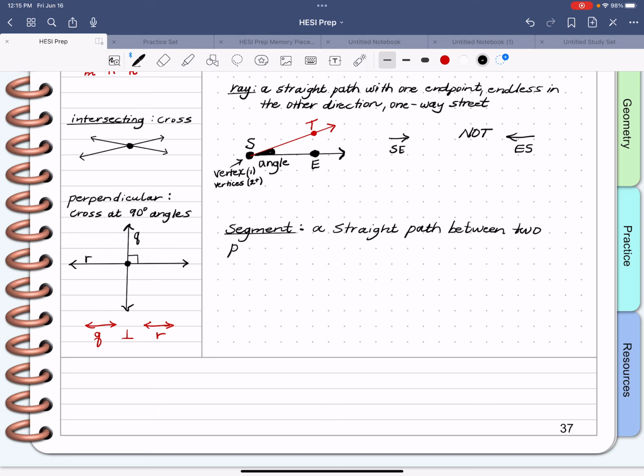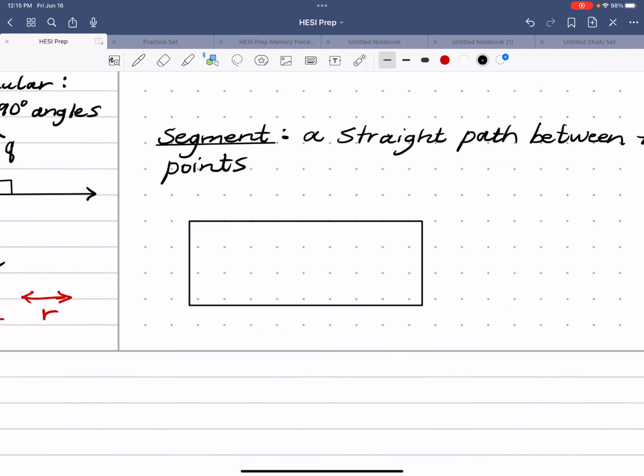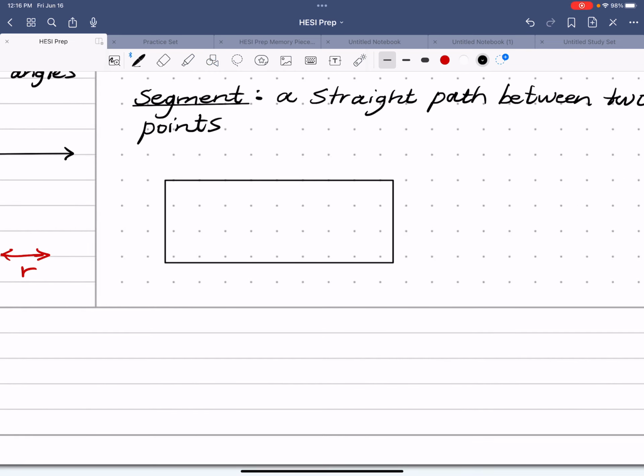So let's use all of these terms that you've just looked at and see if we can make some sense out of this shape. Not that shape. Let me try again. I really wanted it to be... Okay, that'll work. All right, so this is a rectangle.